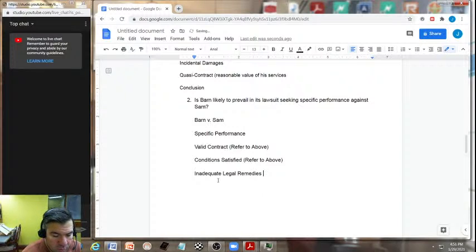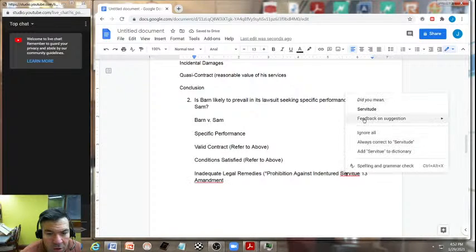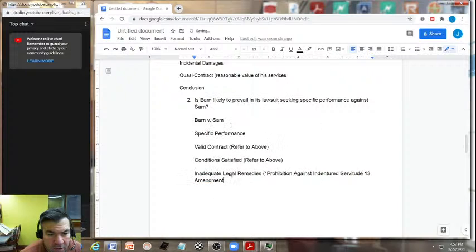And remember, underneath this is where we would bring up the aspect concerning the prohibition against indentured servitude, 13th Amendment. But there would also be an argument in here that we're dealing with a possible unique service.